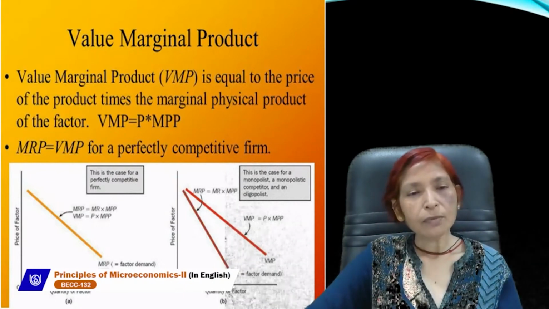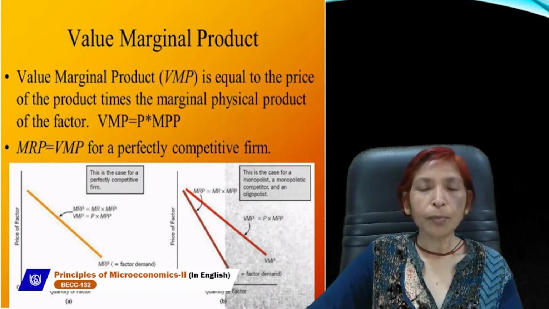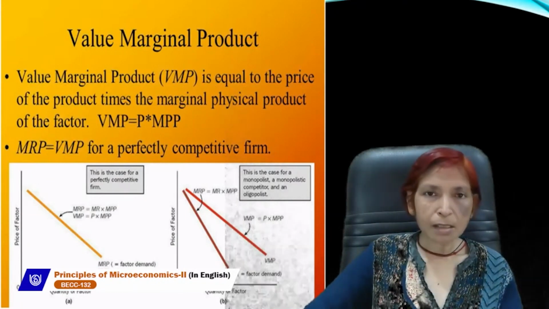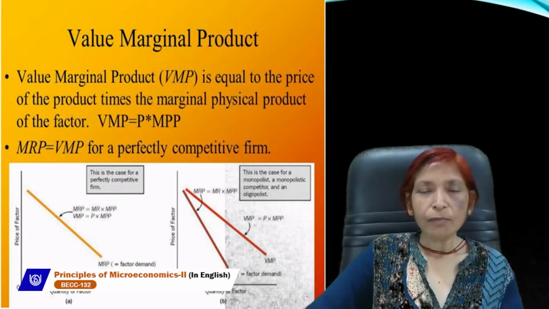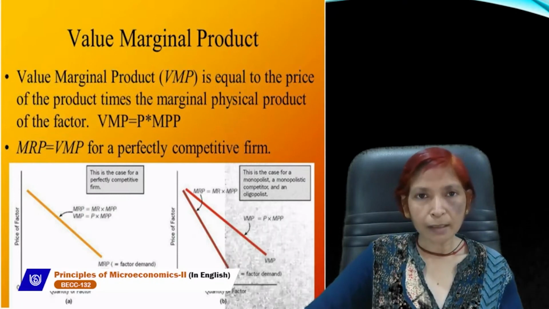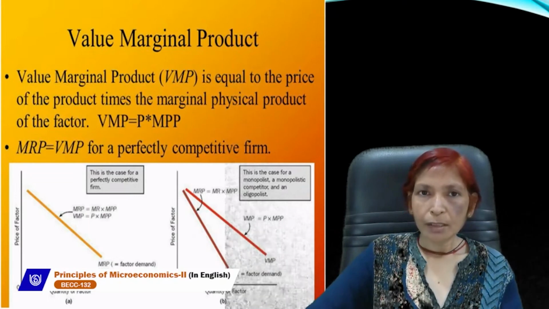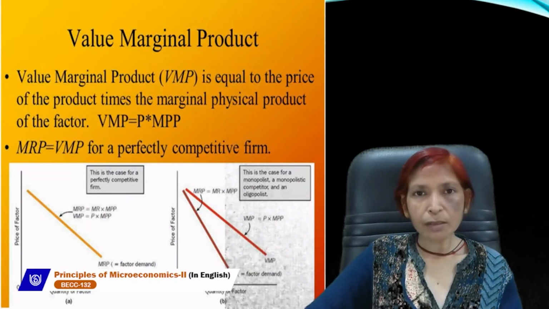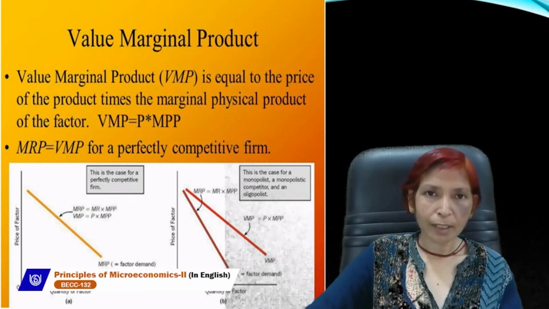Next concept was MRP, marginal revenue product. Marginal shows net change. When we introduce one more additional unit of input, total production will definitely change. If there is a change in total production, that gives the concept of marginal productivity.